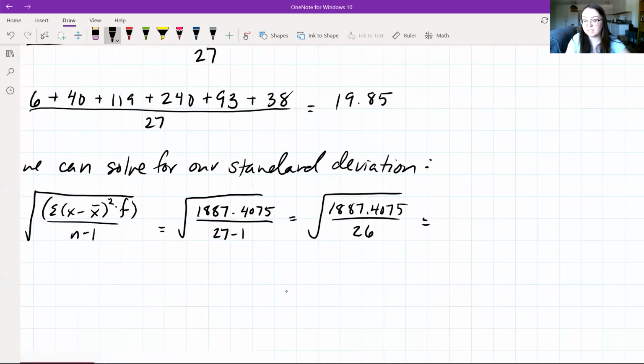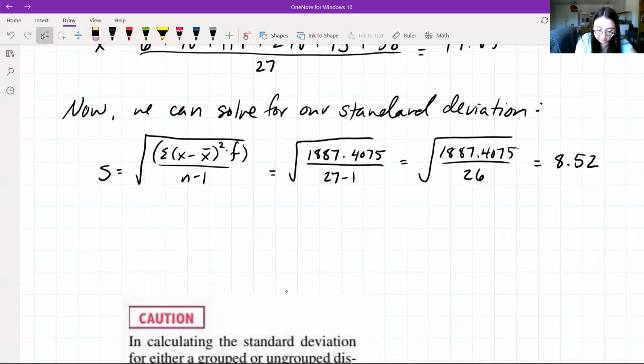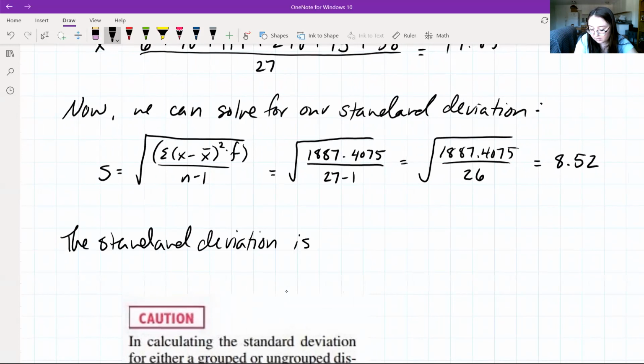Now we can calculate this value, and we end up getting a value of 8.52. So we can say as our final answer, the standard deviation is 8.52.